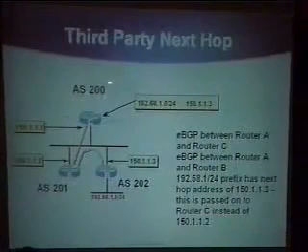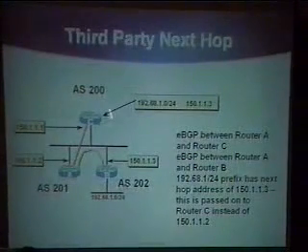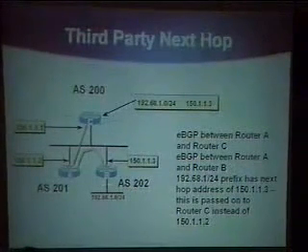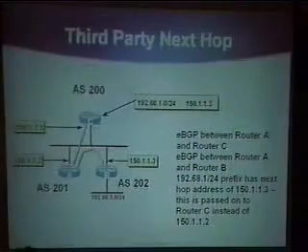So rather than traffic going from AS200 to 202, rather than going from 201 into 202, it will go direct over there. So that's a third-party next hop. It's designed to be more efficient. You don't have traffic doing a double jump through router A.